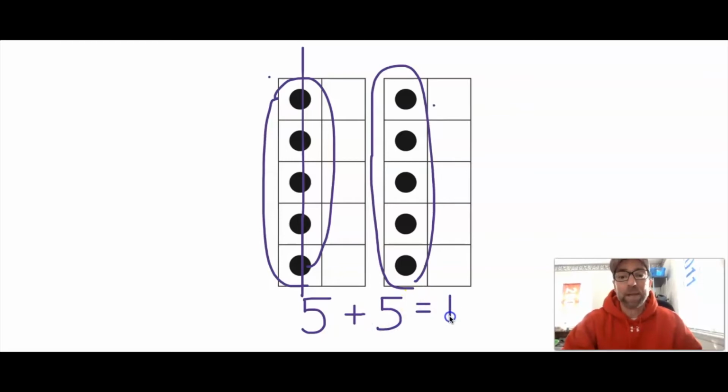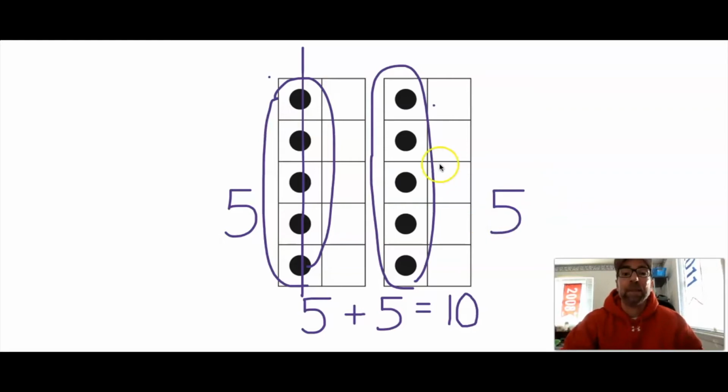If you have your whiteboard, you might want to write that number model. 5 plus 5 equals 10. There's 5 dots in our first one and 5 dots in the second 10 frame. And every one of these dots will fill in. And that's how I know there's 10 in all.